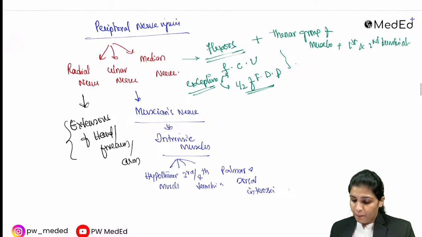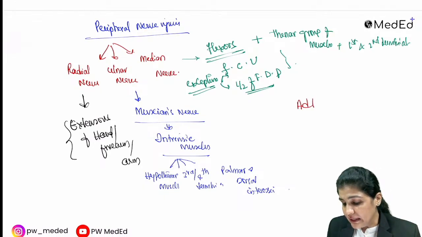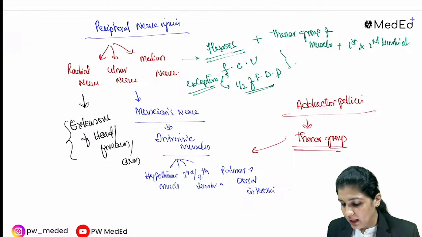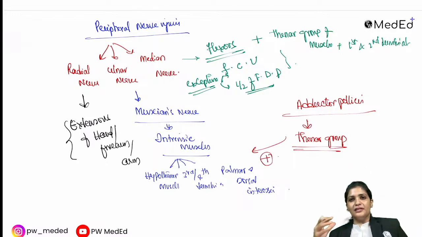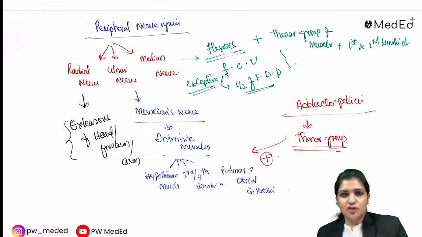So here the important thing which you have to remember is the adductor pollicis. So adductor pollicis is a thenar muscle. So this is in the thenar group of muscles, but this is supplied by your ulnar nerve. So adductor pollicis is the one particular muscle which is supplied by your ulnar nerve. So this you have to remember.